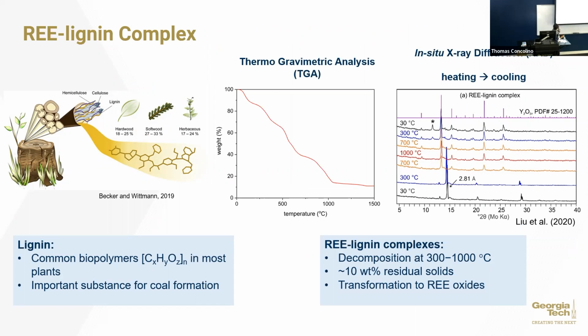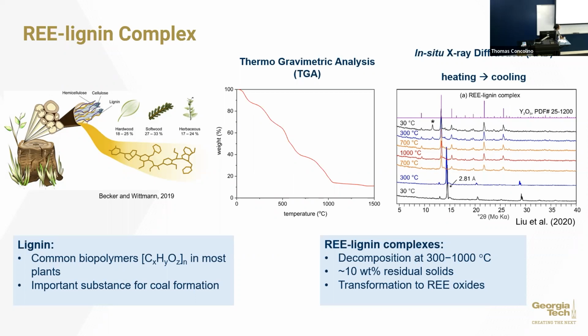The first example is REE lignin complex. Lignin, as you might already know, is a very common biopolymer in most plants, and it's an important substance for coal formation, and it represents REE organic complexes. So when we heat it up, we look at TGA and we look at in situ X-ray diffraction. This is actually in collaboration with Dr. Hailong Chen, who just talked about in situ XRD.